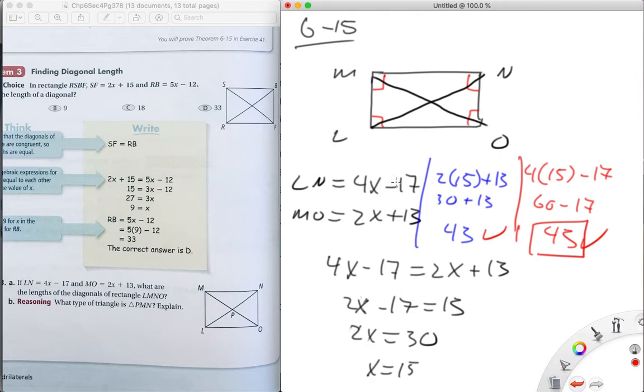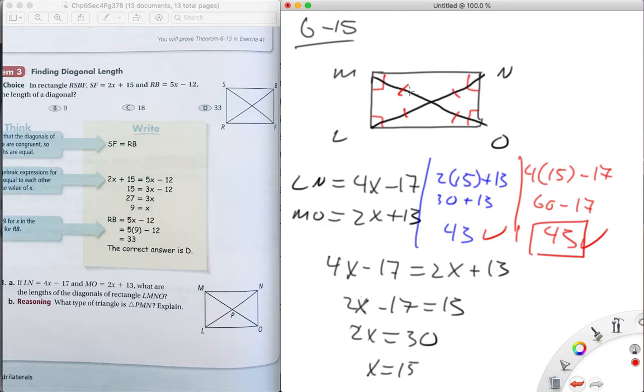If I have a rectangle and I have diagonals and I know that these diagonals are congruent, I also know that these diagonals bisect each other. So if they're congruent and they cut each other in half, then this piece is congruent to this piece. But since these two are the same length, these two are also congruent.